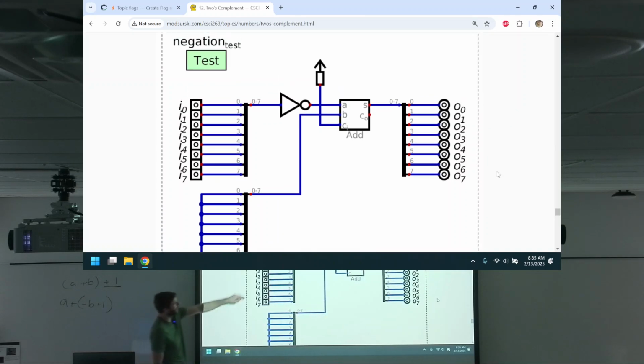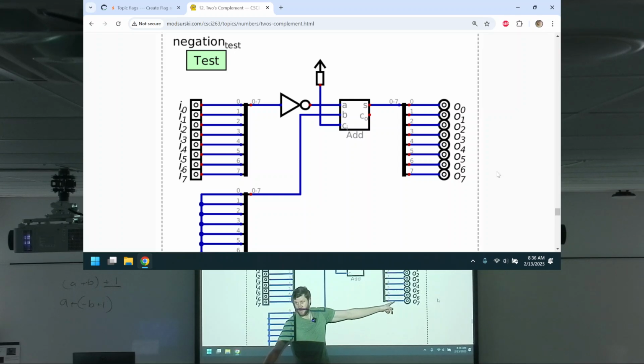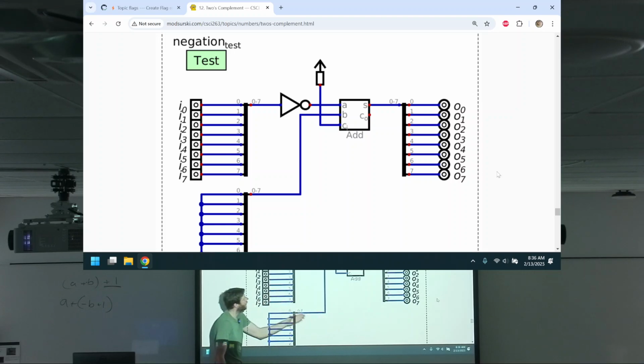You take your number, you invert it. Now this is an adder, it's a full adder, okay? And I want it to produce the negative number, okay?